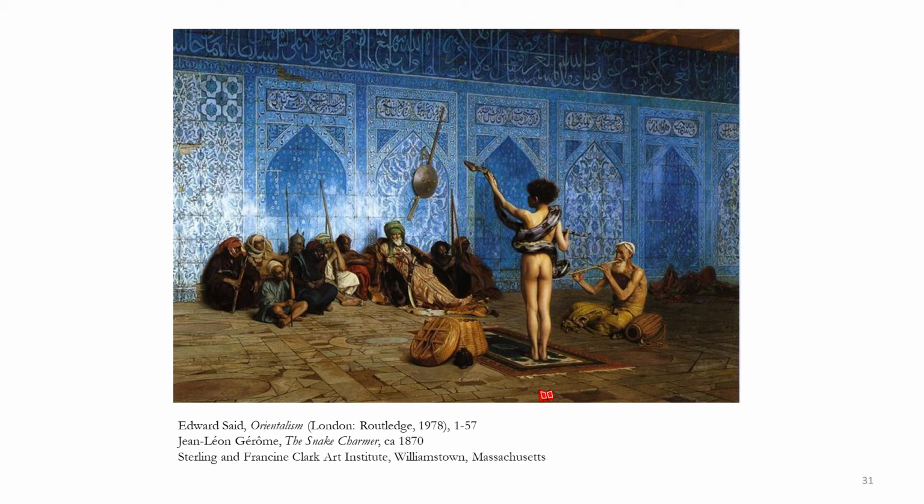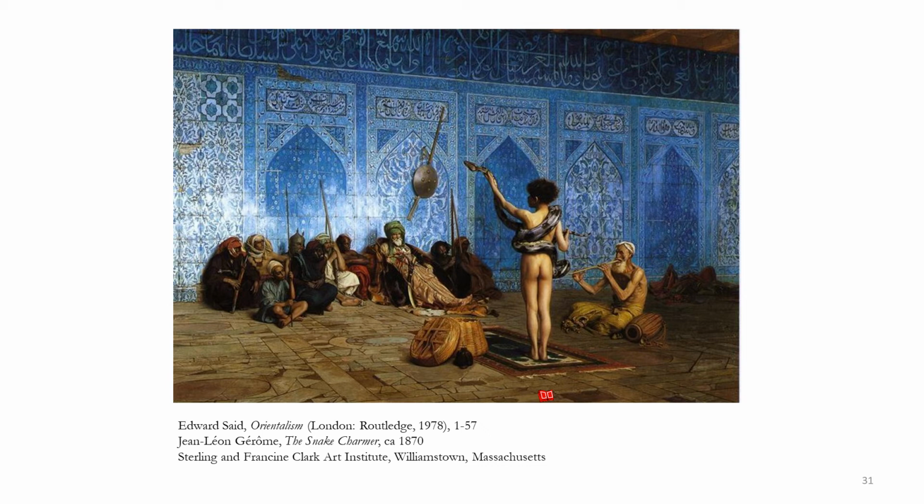Basically, there was a passion for reproducing and showing images of the Middle East in French painting in the 1850s, 1860s, 1870s, and a bit earlier and a bit later as well.